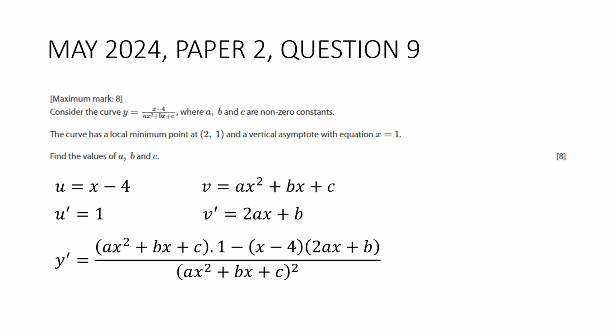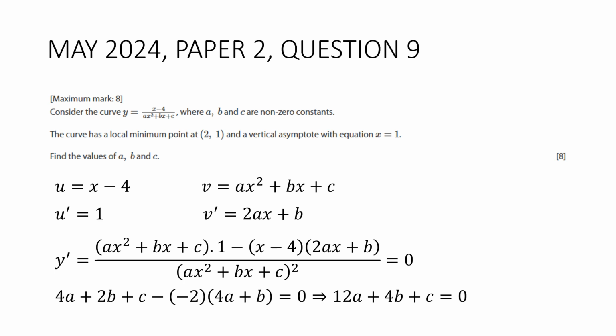And in fact, when I solve this equation equal to 0, this denominator is not important, so I can just ignore that. So substituting 2 in, we end up with 4a plus 2b plus c, take away, up to here, put in the 2, so -2, and then 4a plus b. And tidying it up, we end up with 12a plus 4b plus c is equal to 0.